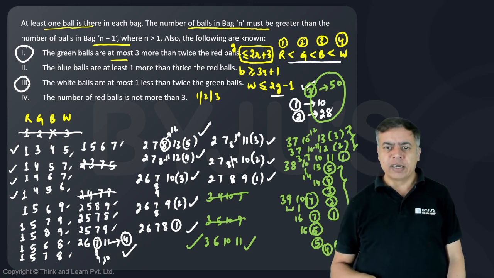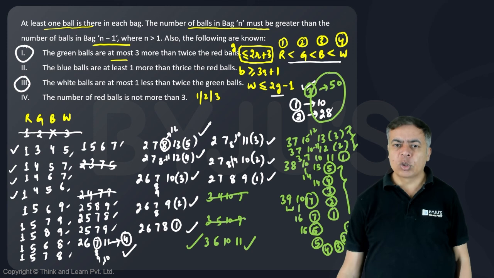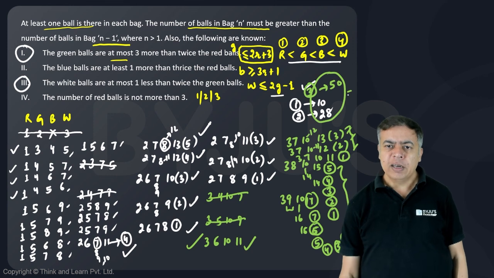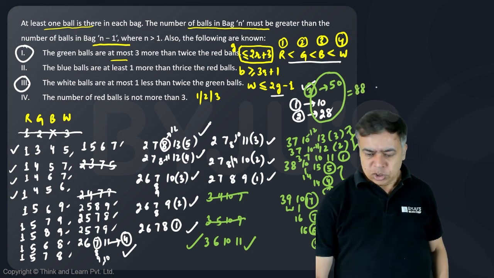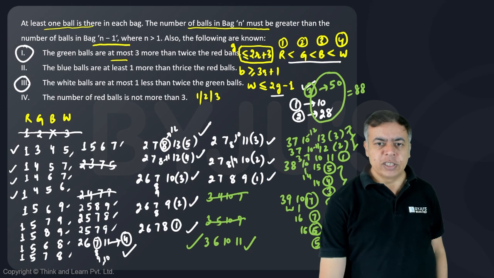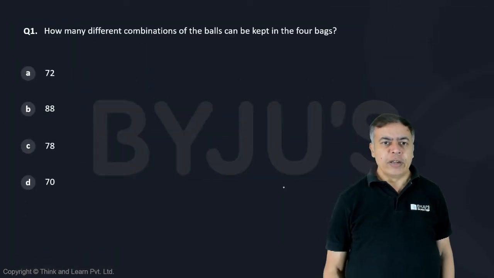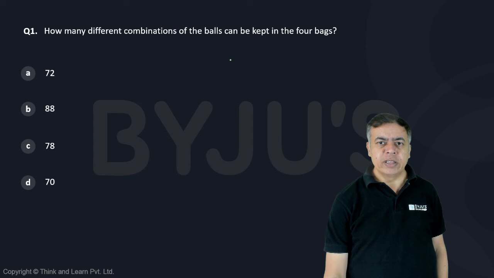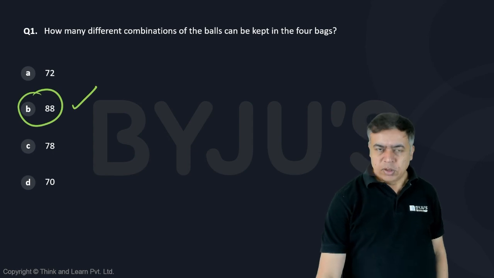Still it is 50, 10 and 28, so the total number of combinations possible is 88. Now we will answer the questions based on this. How many different combinations of the balls can be kept in the 4 bags? This is 88.